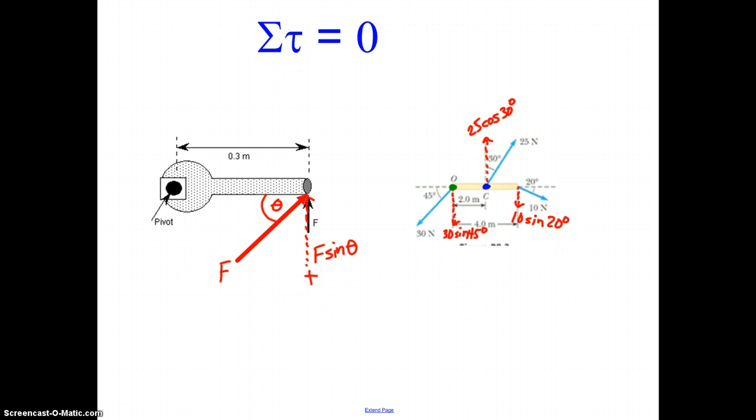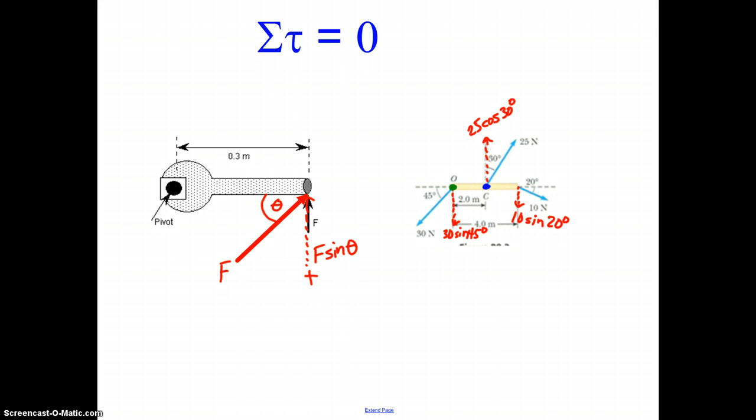Because, for example, let's say in this problem it was the green pivot point O. If you're going to select O as the pivot point, what you're doing is you're eliminating the 30 Newton force causing any torque. Why is that? Because there's no lever arm distance. There's no lever arm between the 30 Newton force and where it's attached to the pivot point. So what you've done by intelligently selecting O as the pivot point is you've eliminated that force as causing torque.